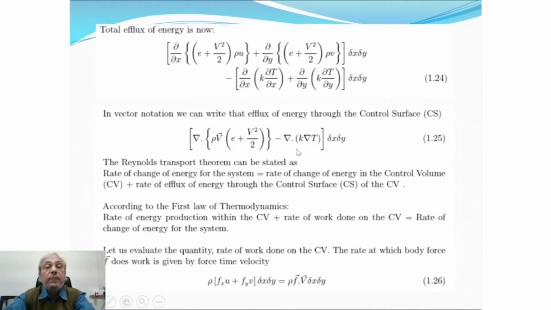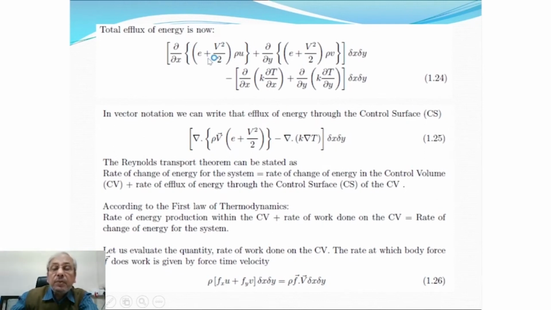So the total efflux of energy, that means the convective transport and diffusive transport. We are ignoring radiative transport here. At the outset, I should have mentioned it, but it is understood. We are not considering the radiative mode of transport here. So basically, the efflux of energy we can write as this: the convective component and the diffusive component.